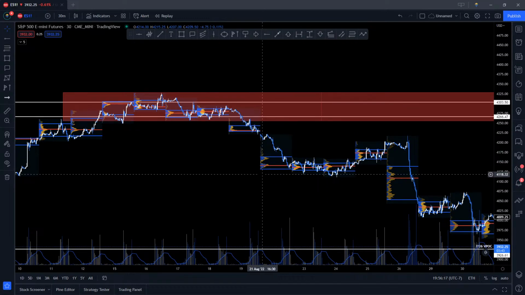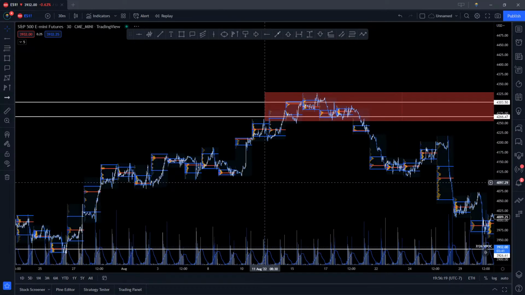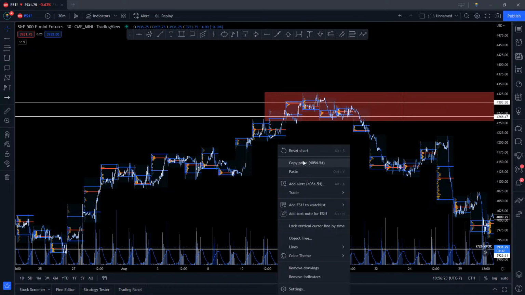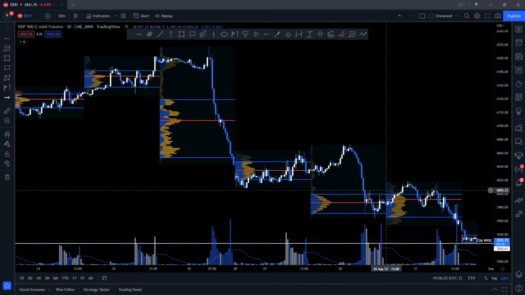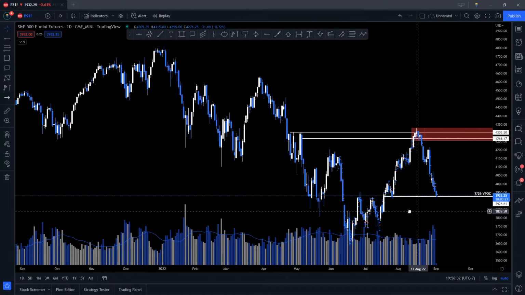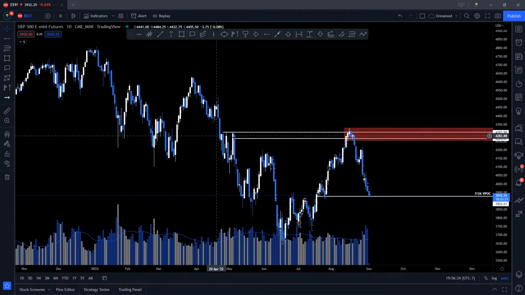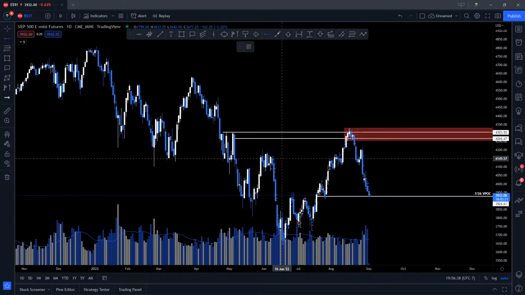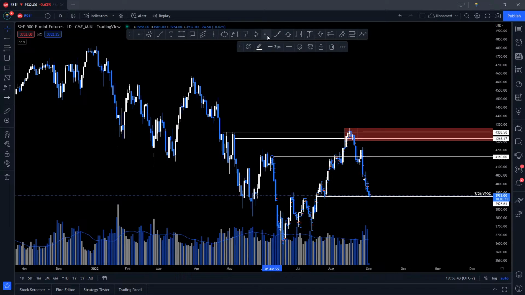So, this is distribution accumulation on a live chart versus that picture. And so these are the levels that we want to start looking for when we're making plans on trades.